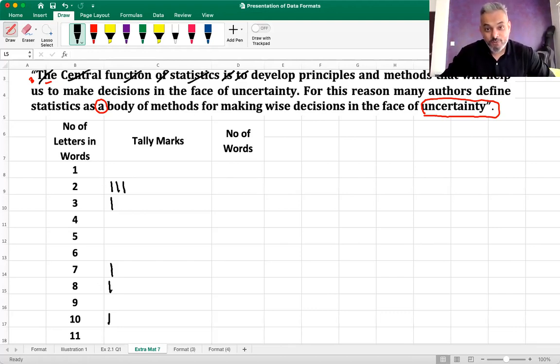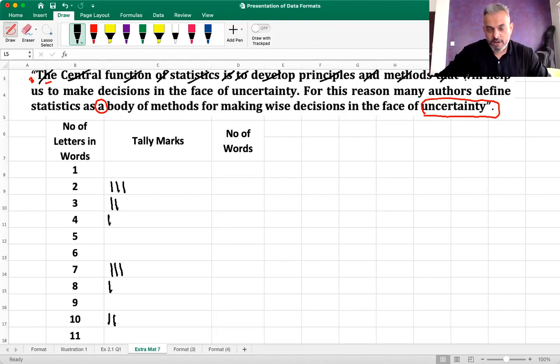Develop. 1, 2, 3, 4, 5, 6, 7. Cancel 7. Then principles. 1, 2, 3, 4, 5, 6, 7, 8, 9, 10. Principles. 10. And methods. M-E-T, 3, 4, 5, 6, 7. That, THAT, 4.